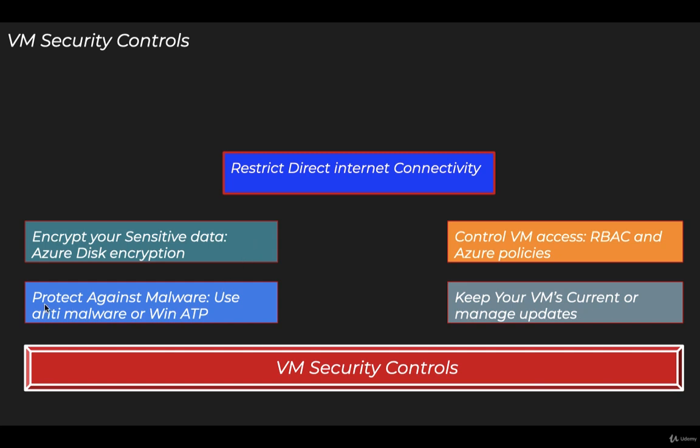Another control we can have on your virtual machines is to protect against malware. For that you can use the anti-malware service provided by Microsoft, or you can use other vendors like Trend Micro or Symantec.